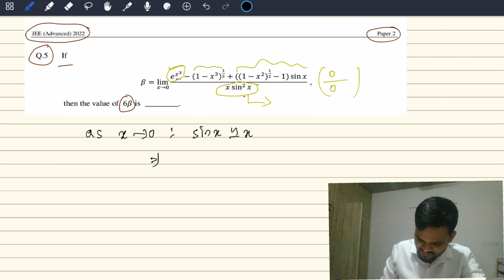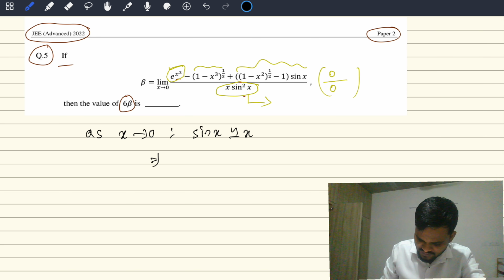This implies x sin square x is approximately x into x square, nothing but x cube. So as x tends to 0, I can approximate x sin square x as x cube, correct?